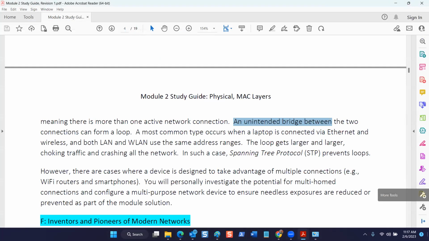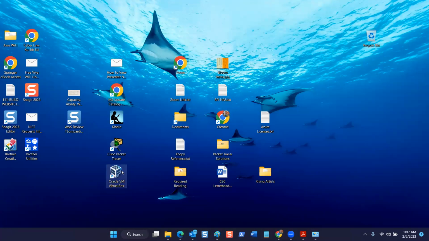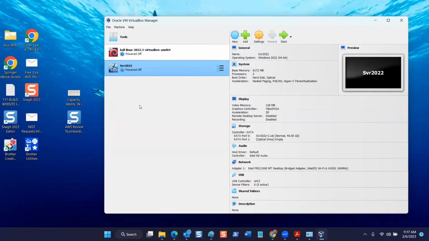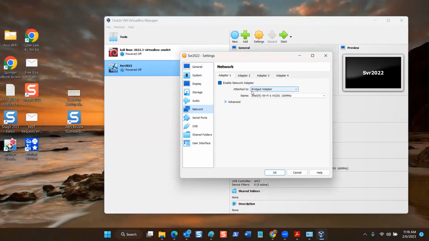And here is what Milrain is asking. If I have a virtual machine here and I look at the settings and the network is set to a bridged adapter, what's happening is that the virtual machine network interface is directly connected to the local network.